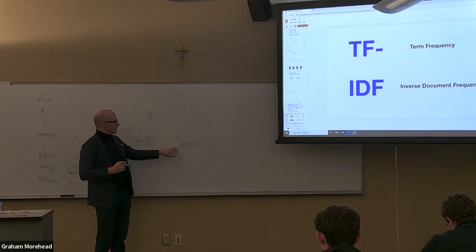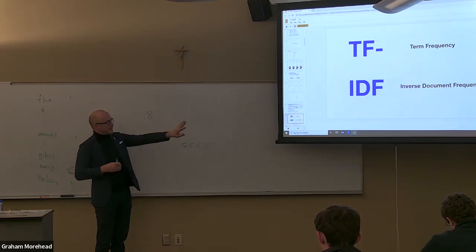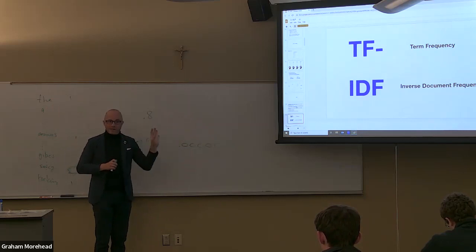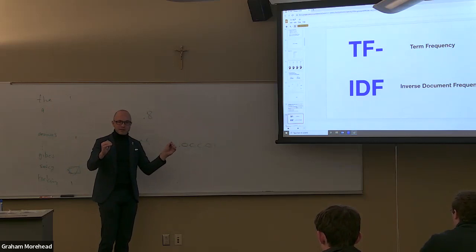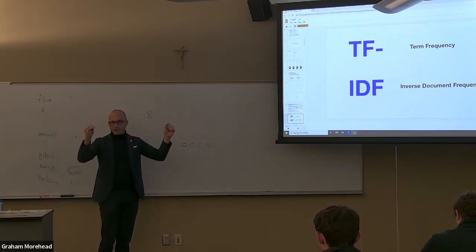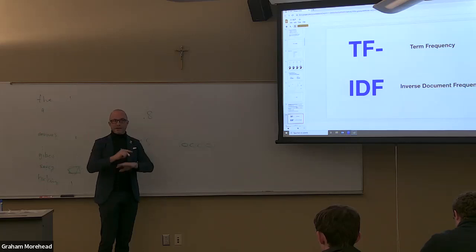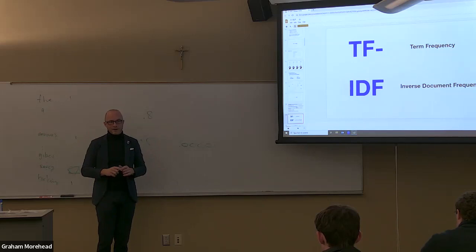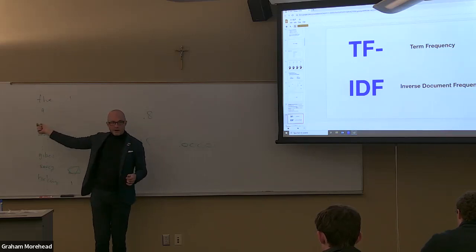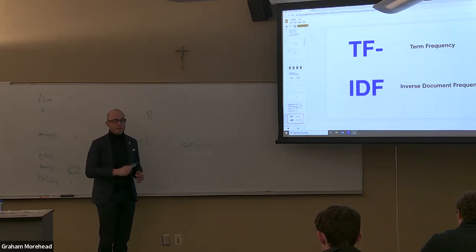You can take the inverse of that and get 1 over that basically. But typically inverse document frequency is how we like to think about it. And you want to only choose things that are above a certain frequency in the entire corpus. So we're going to ignore "the" and we're going to ignore the really rare ones too.